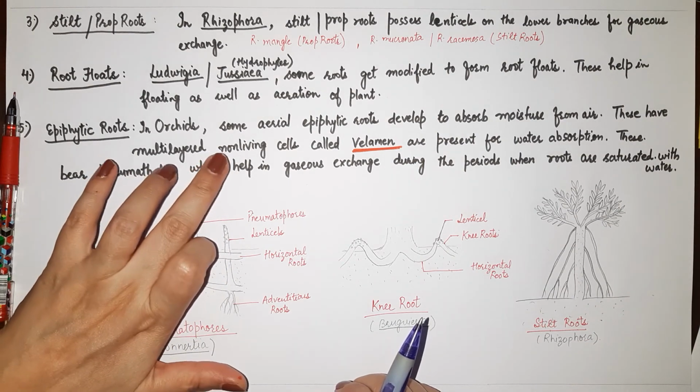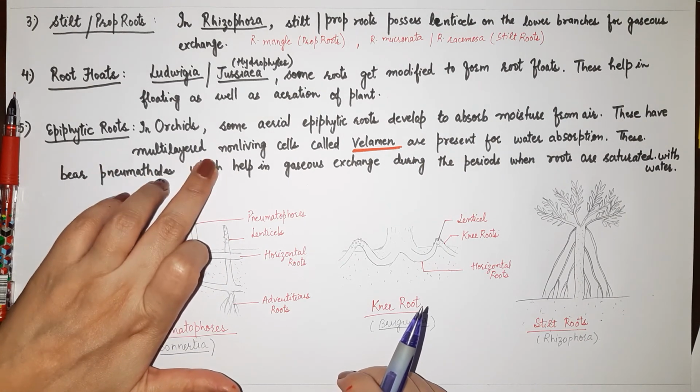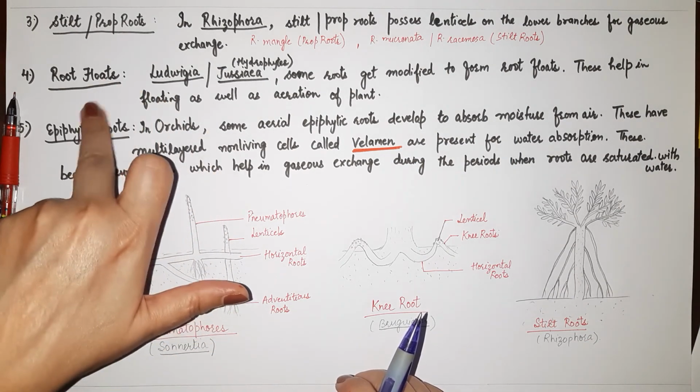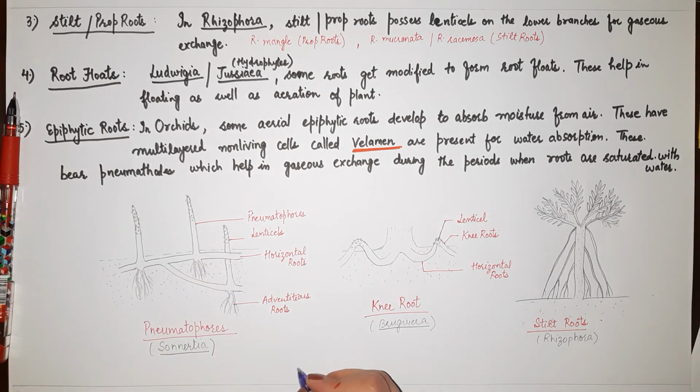We are not going to draw a diagram of this because that will be related to anatomy. So in the morphology we have root floats. So in case of root floats, just a small diagram, we have the hydrophytic plant called Ludwigia, which gives off adventitious roots. So you can show 2 or 3 tufts of adventitious roots.